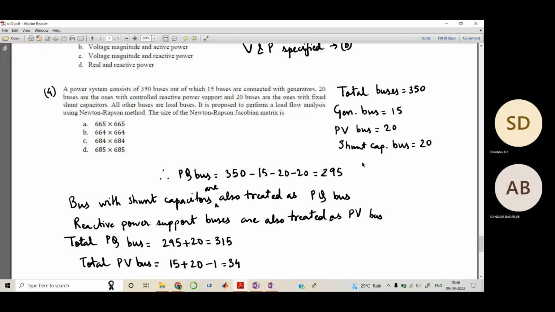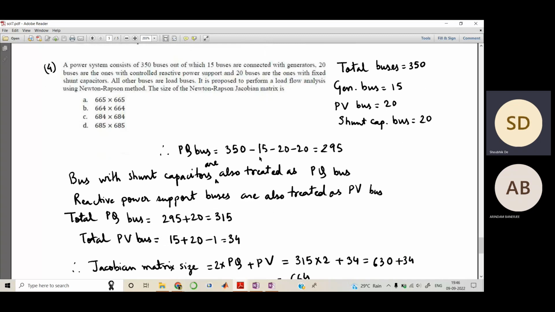So here, we need to find out the size, right? Here we know the generator buses, which is 15, and the ones with controlled reactive power support is also 20, and the shunt capacitors.